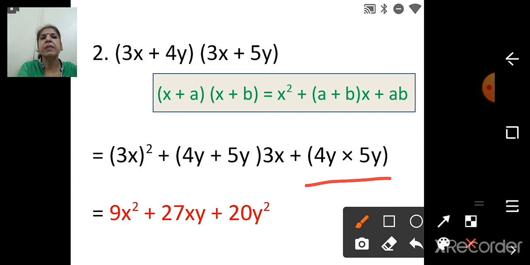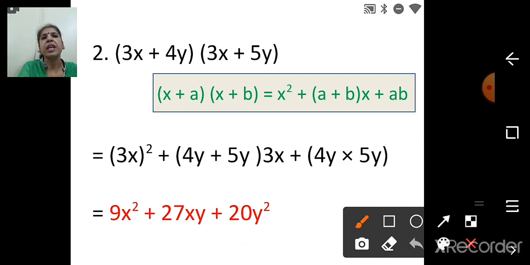Now the multiplication part: 4y multiplied by 5y. 4 fives are 20, and y times y is y², so 20y². So the answer is 9x² + 27xy + 20y².